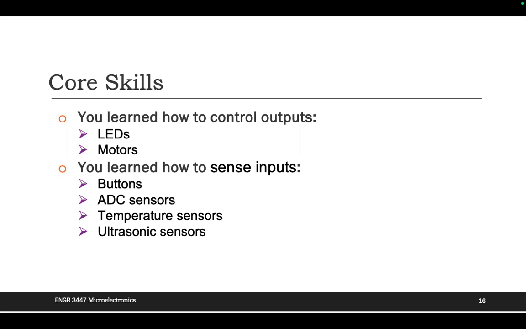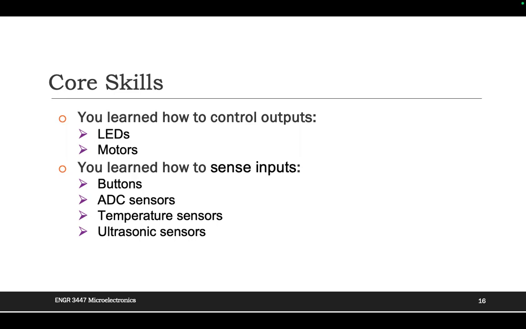Just buy some specific sensors and read the data using the PWM or other devices. So after this class, you need to know how to control outputs and how to sense inputs.